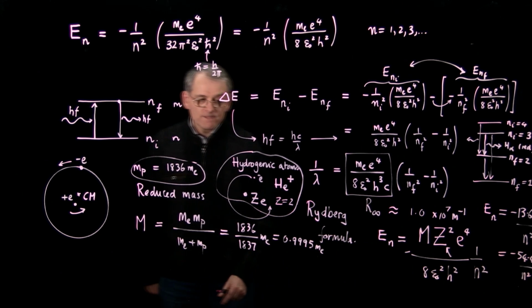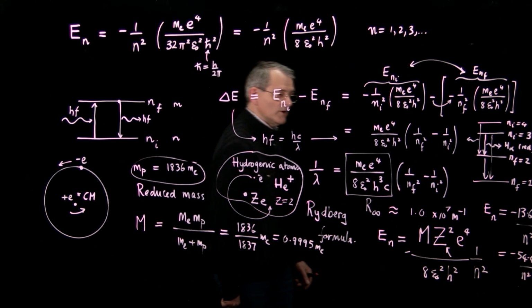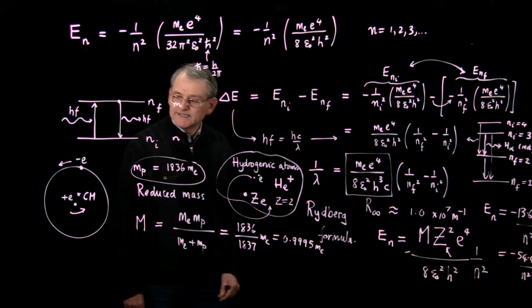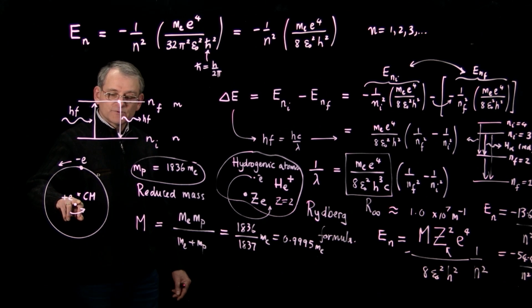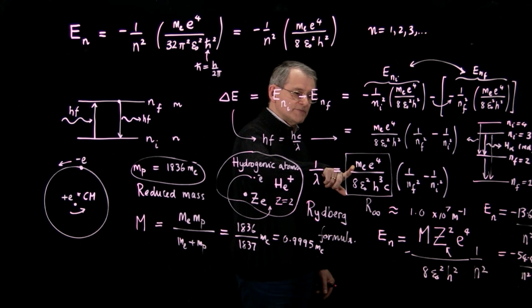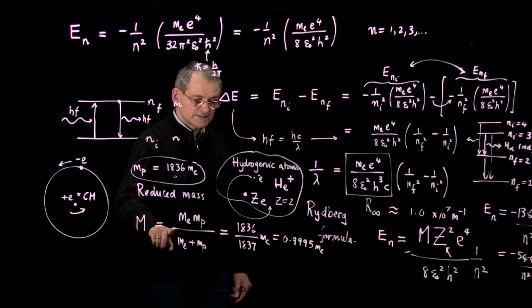So in summary, the Bohr model fits the data very well. It fits the data even better if we take into account that the mass of the proton is finite. That simply means we replace the electron mass with the reduced mass.